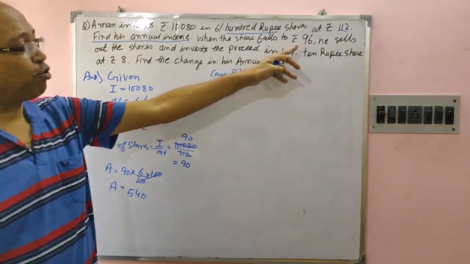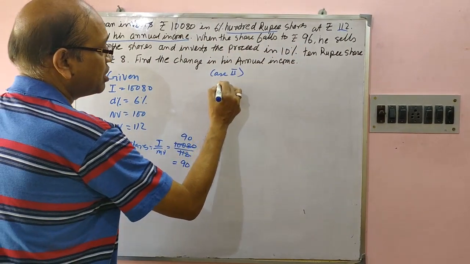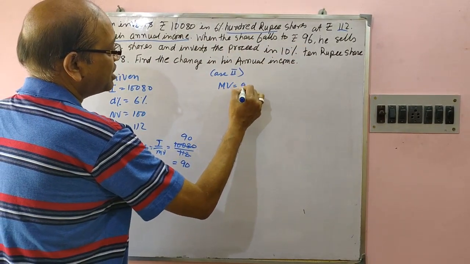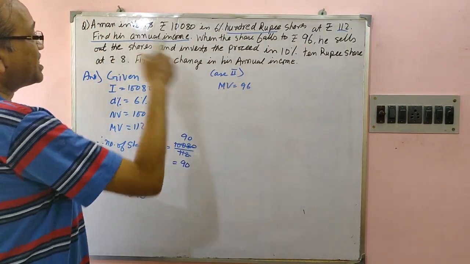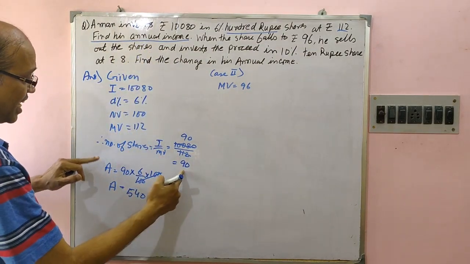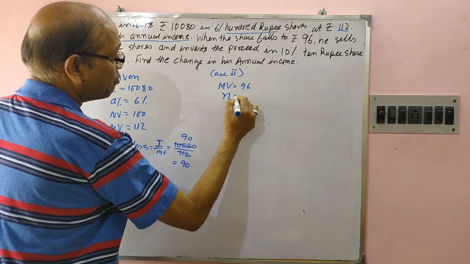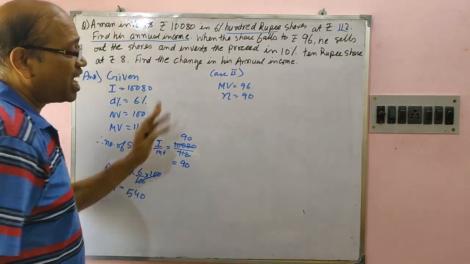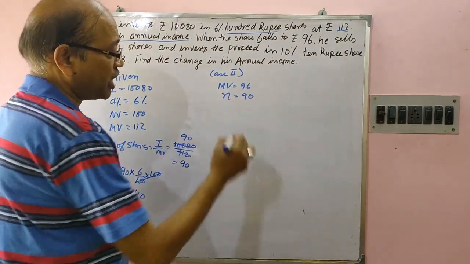When the share falls to 96, that means the market value is 96. He sells out the shares. How many shares did he have? He had 90 shares, and he sold out these shares.